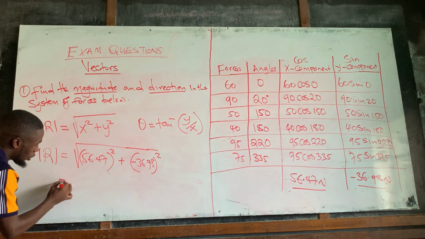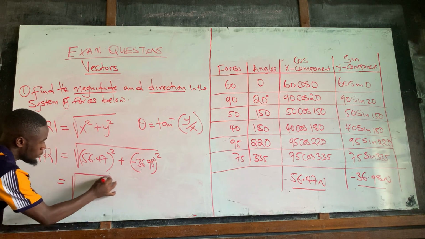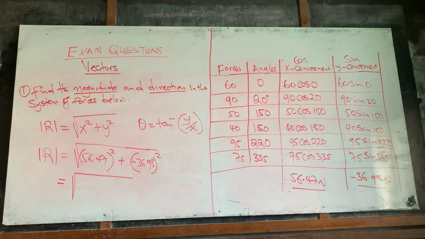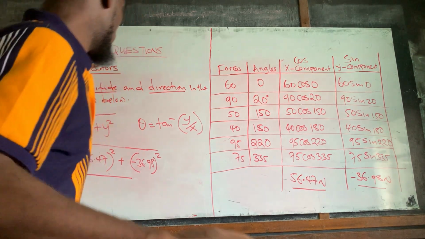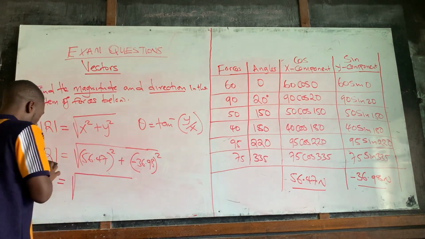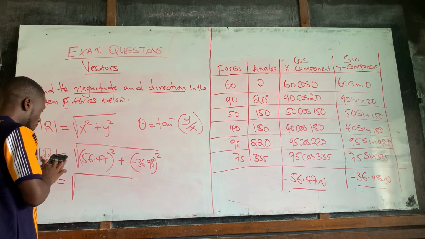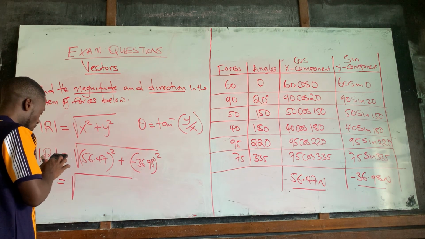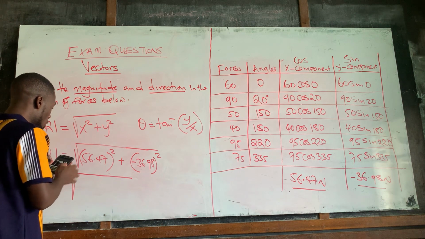This will be equal to the square root of, so you do these one by one. Let's do this one here: open 56.47, then you square. So what is the answer?